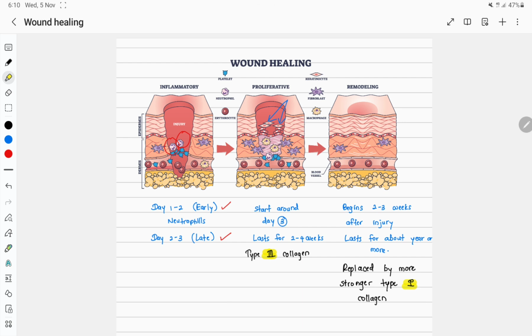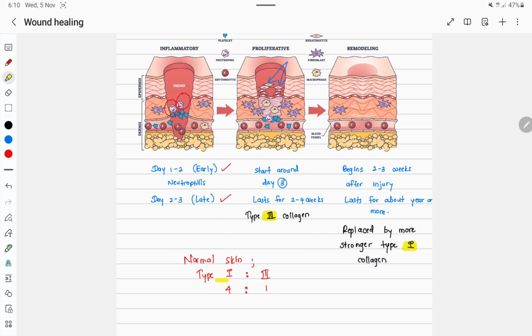In normal skin, the type 1 to type 3 collagen ratio is 4 to 1. After about 3 months or 12 weeks, the healing site has 80% of uninjured skin strength.